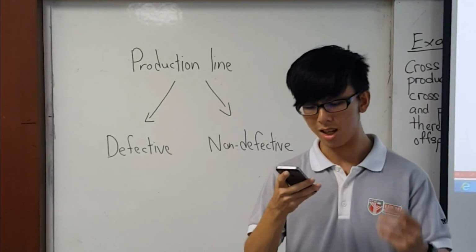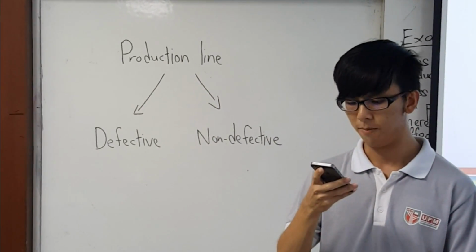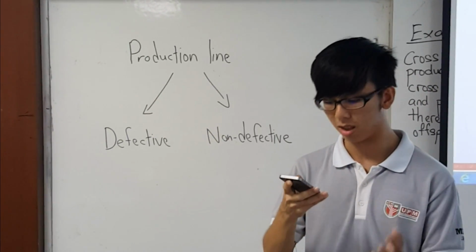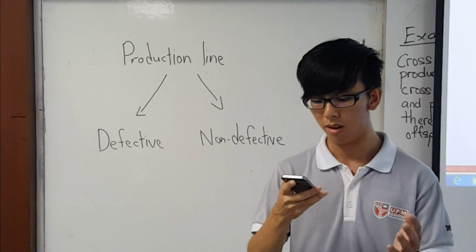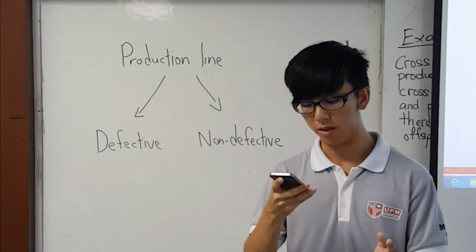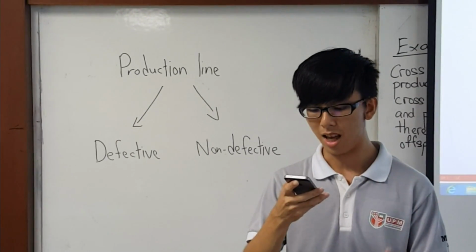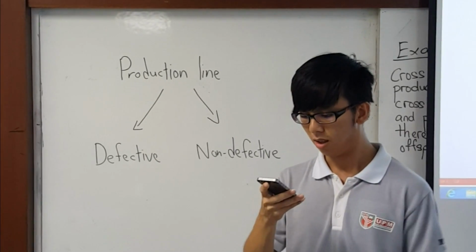It is also met for sampling from a small batch if each item removed as a specimen is returned to the batch and mixed thoroughly with the other items once it has been examined and classified as defective or good.